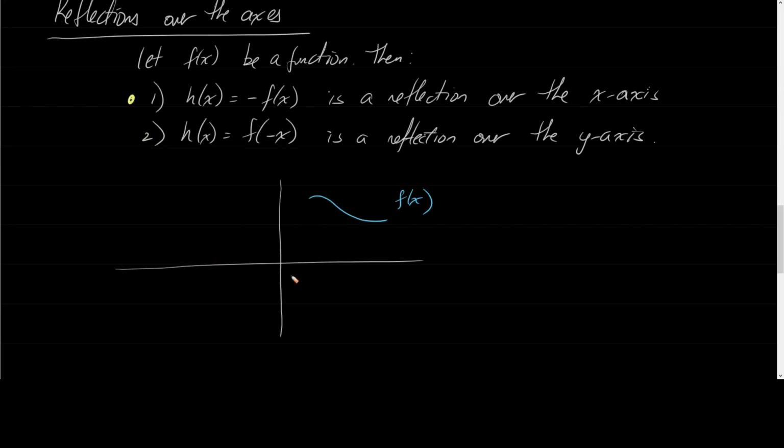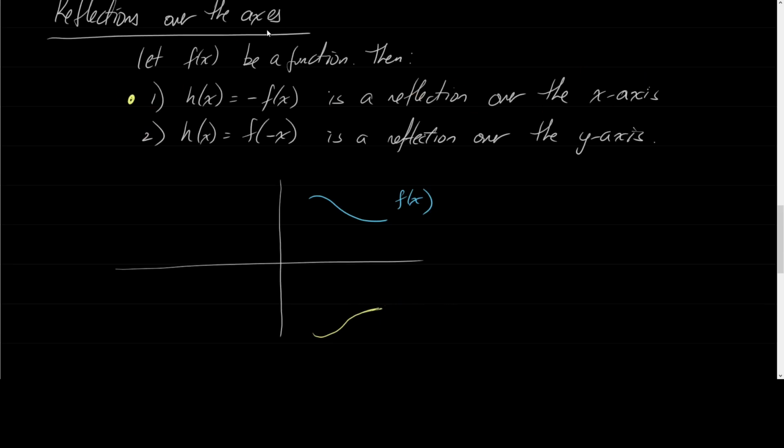That means we're going to use the x-axis here as a mirror of sorts. So essentially, it'll look something like this. Let's draw that a little bit better. One last try. All right, so that is reflecting over the x-axis.